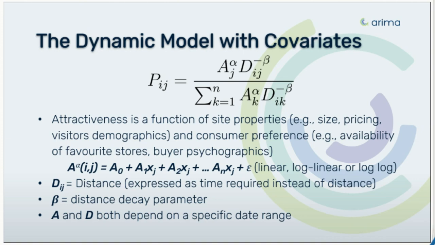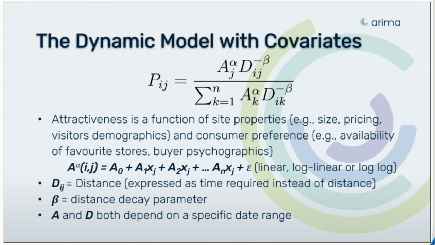Attractiveness, if you recall from the previous discussion, was really just the size of the location, but now we're turning that into a function. Attractiveness is a function of two things. First, site properties, so things like the size of the mall, its pricing, visitor demographics, maybe the number of washrooms, maybe how many years since the last renovation, all things that are important for the business to understand.